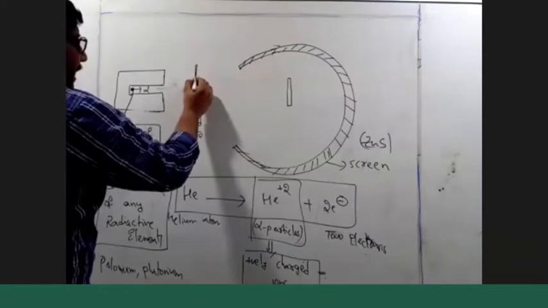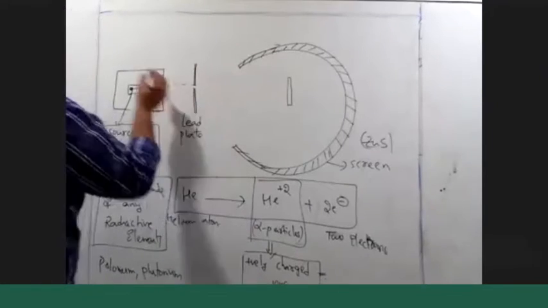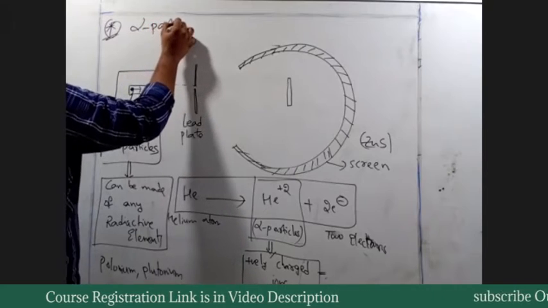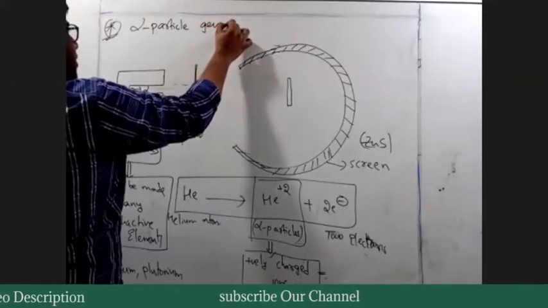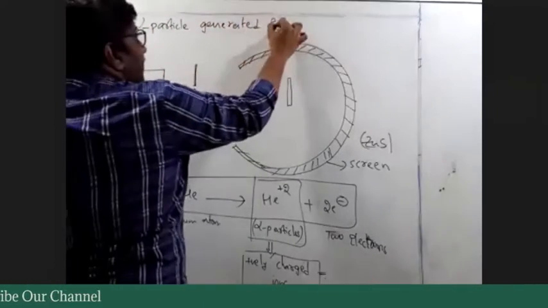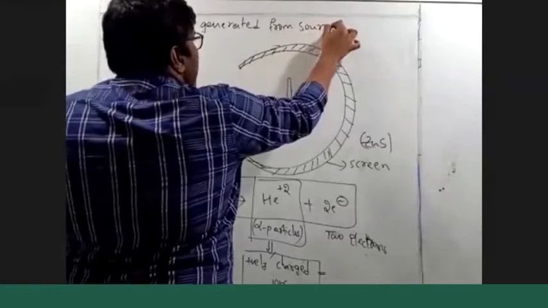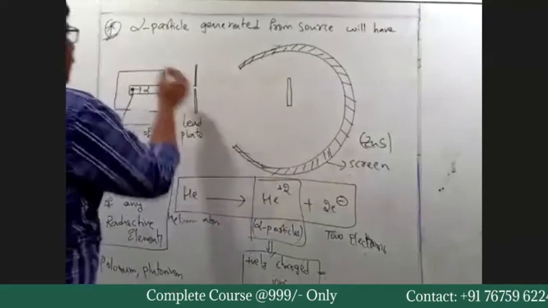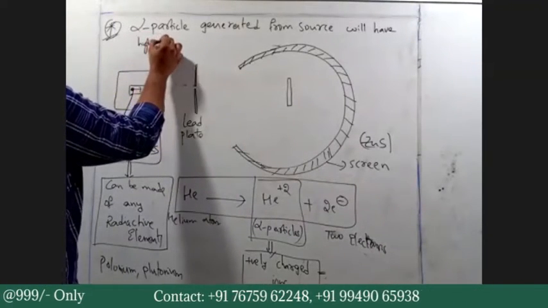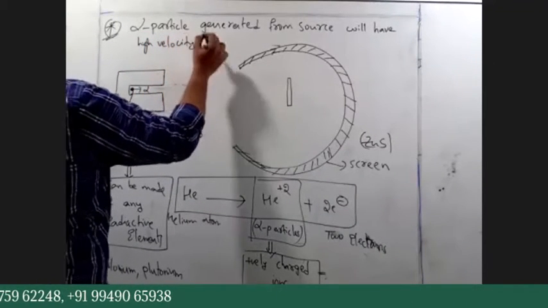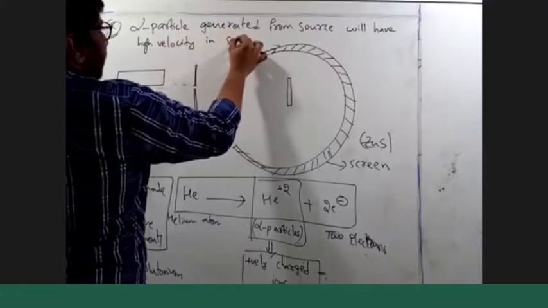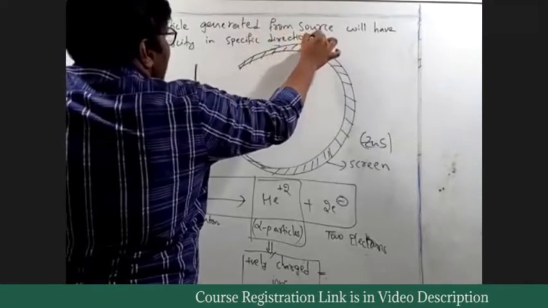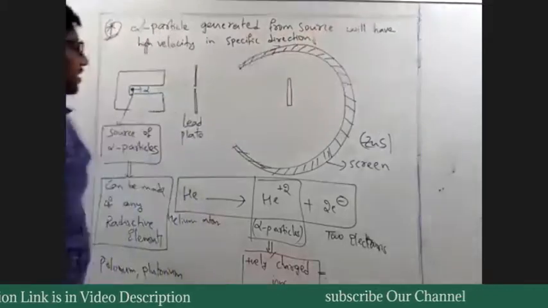Right on this first point, the alpha particle generated from the source will have high velocity in a specific direction. We don't know that. That direction depends on the reaction.